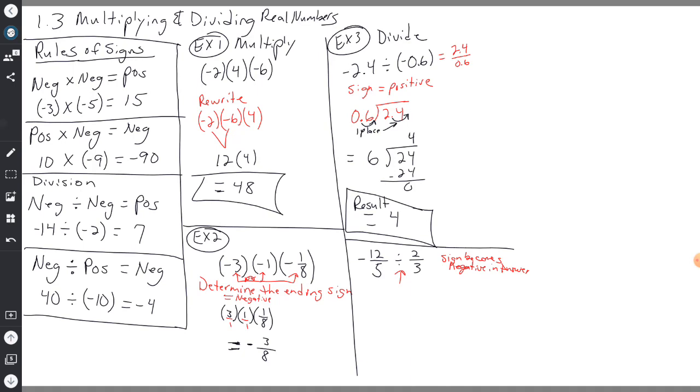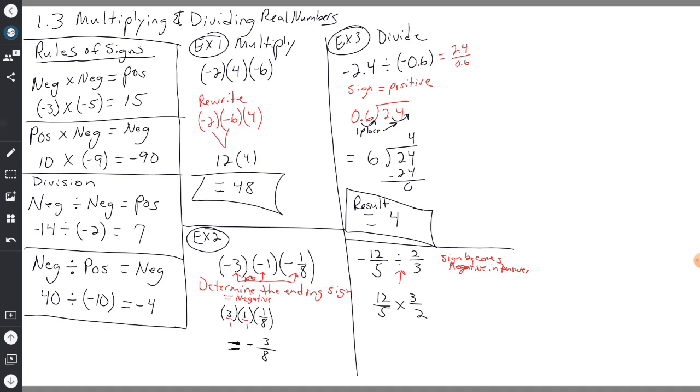Since we know what the sign is going to be, let's work with this without the negative. So we take the 12 over 5, change it to multiplication by flipping that second term. Is there anything that we can do before we multiply?